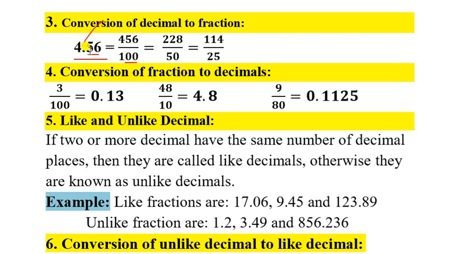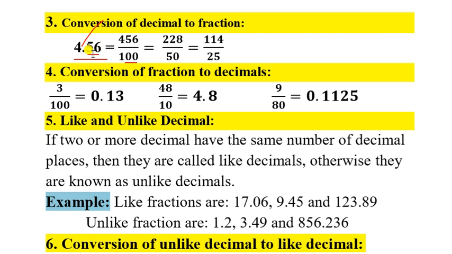If after the decimal you get 5 digits or 4 digits, you have to write according to the number of digits, the number of 0s. If after the decimal there are 3 digits, so 1000. If after the decimal 4 digits, so 10000. In this way you have to convert into a fraction.